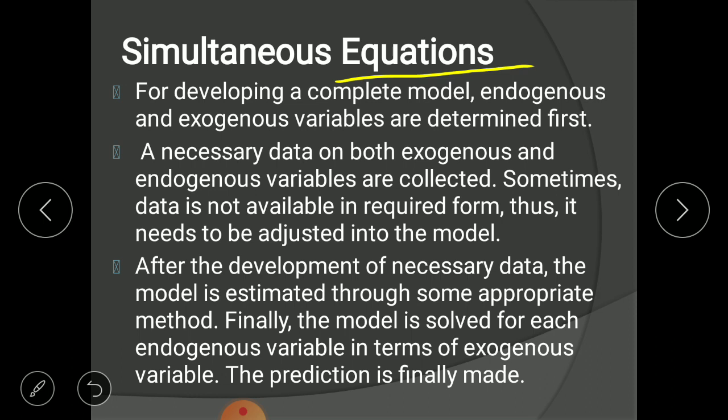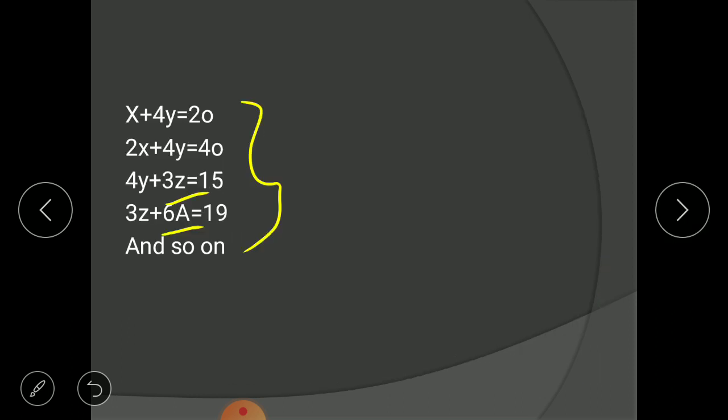After the development of necessary data, the model is estimated through some appropriate method. Finally, the model is solved for each endogenous variable in terms of exogenous variables. The prediction is finally made. Means the crux of this last line is you need to solve these four equations together.